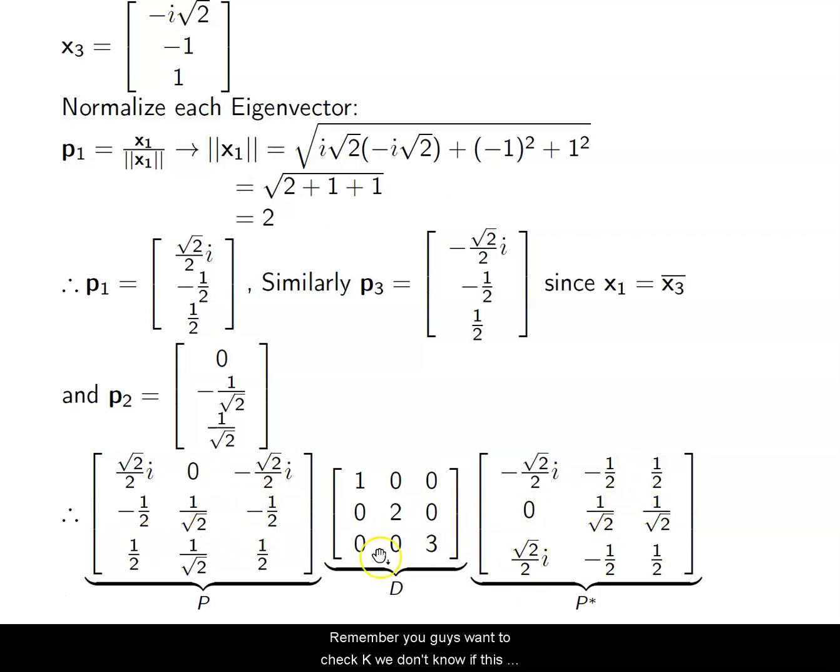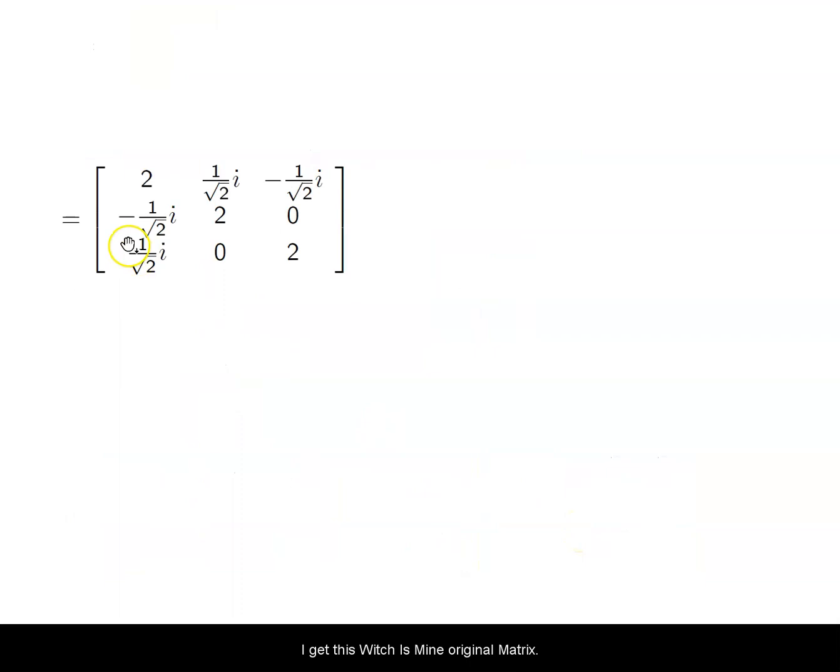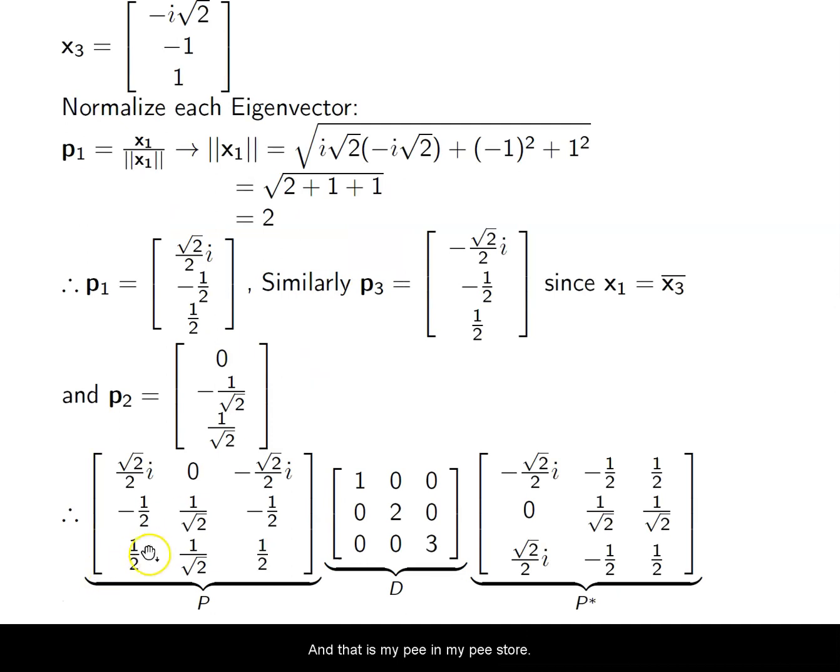And remember, you always want to check, because we don't know if this is right or not. If I take this and multiply them across, I get this, which is my original matrix A. There's another quick thing we can do just to make sure we're on the right path, and that is my P and my P star. When I multiply these two together, I should get out the identity.